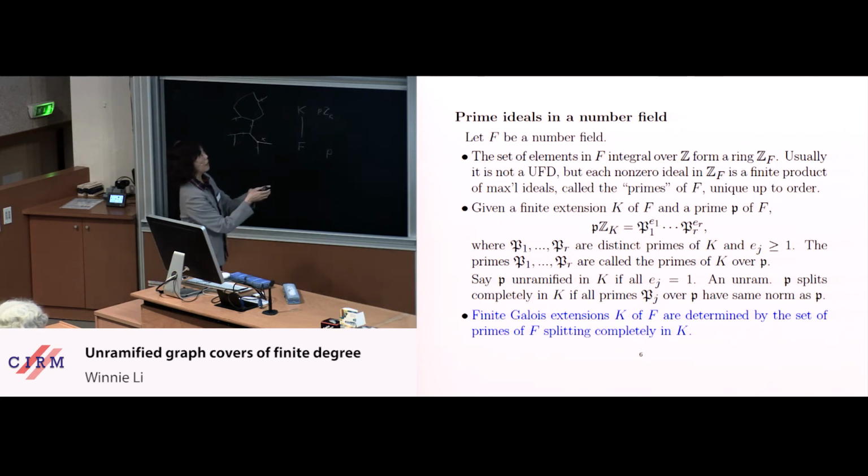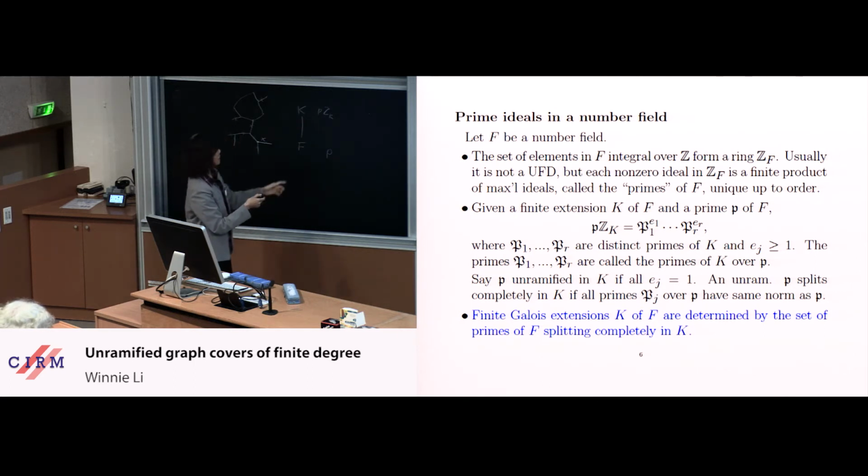Okay. So when these exponents are all 1, we say that this prime P is unramified upstairs. And this is the case for almost all the primes downstairs. Okay.